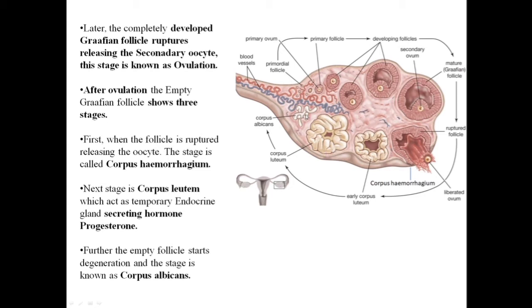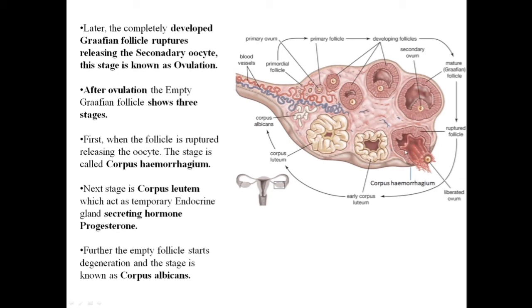Further, in the next stage, this follicle is seen degenerating, and the stage is called corpus albicans. So we see various stages of development in the ovary, and these changes are up to the ovulation stage. That is the reason that every month one egg is released.